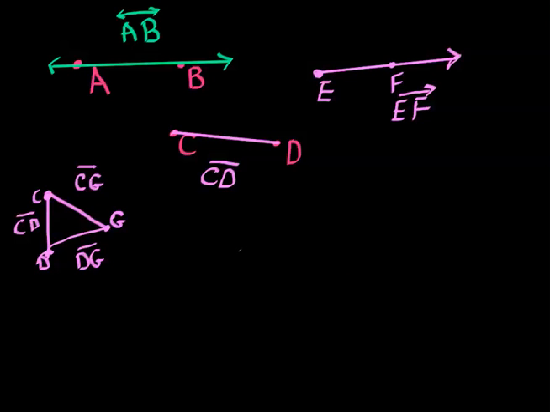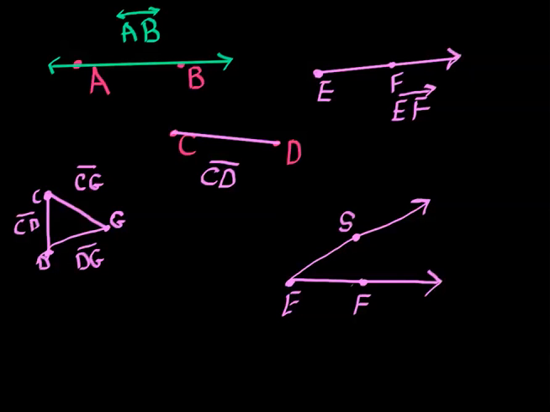I'll show you one last thing, and that's our ray. If we take a look at point E, let's look at our ray EF. We have our point F, and our ray EF goes on forever in one direction. But now let's add a second ray. Let's do E, S. Okay, so now we have ray ES and ray EF.